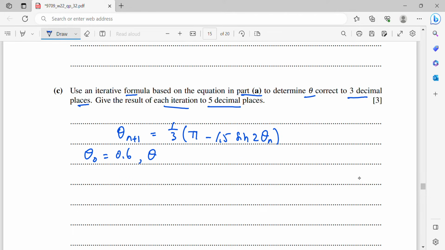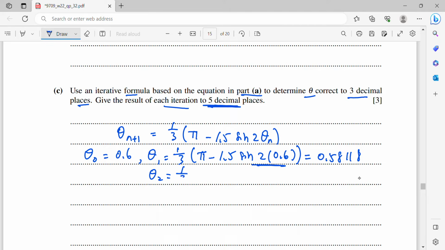Then you will be getting theta 1, which is 1/3 pi minus 1.5 sine 2 brackets 0.6. Remember, calculate this correct to 5 decimal places as stated here, and change the mode of the calculator to radians. So here I will be getting 0.58118.